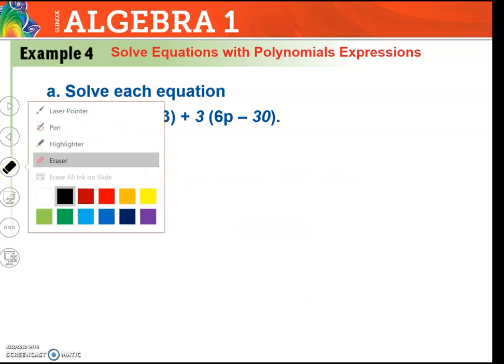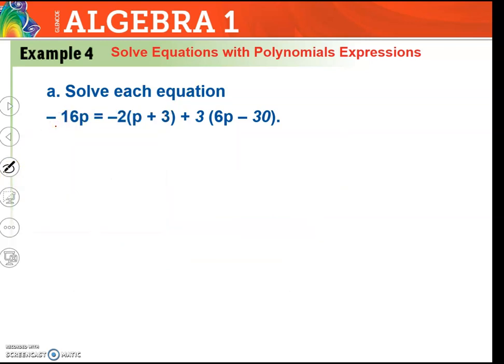Now we move on to solving equations with polynomial expressions. We have negative 16p minus negative 2. In the same way, there is a distributive: 2 multiplies p and 2 multiplies 3, and on this side 3 multiplies 6p and 3 multiplies negative 30.